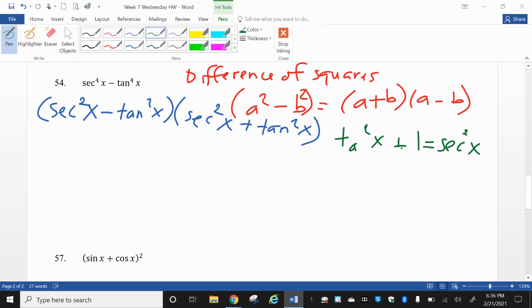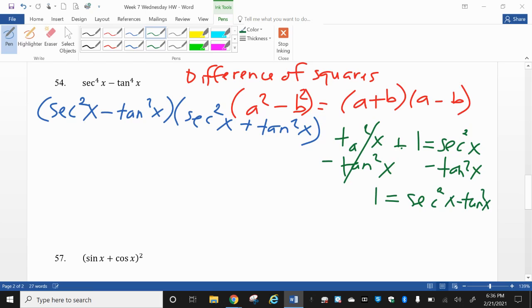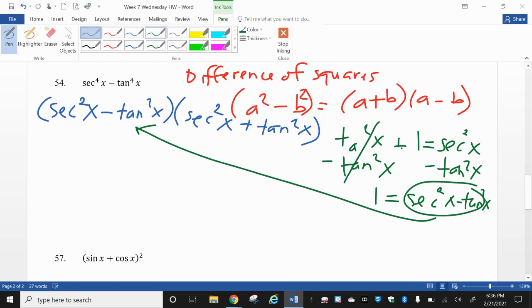Let's subtract tangent squared of x from both sides. That'll cancel. We'll be left with 1 is equal to secant squared of x minus tangent squared of x. We can replace that with that one right there. So all of that will get replaced with 1.